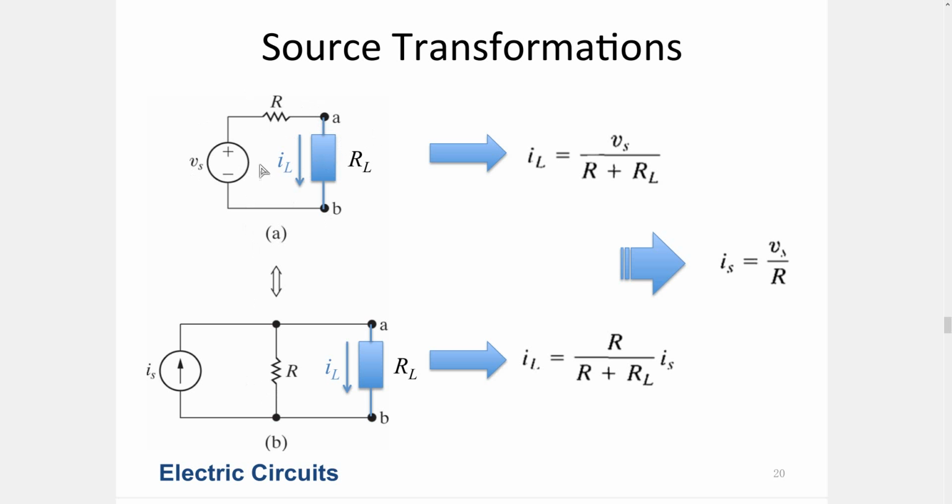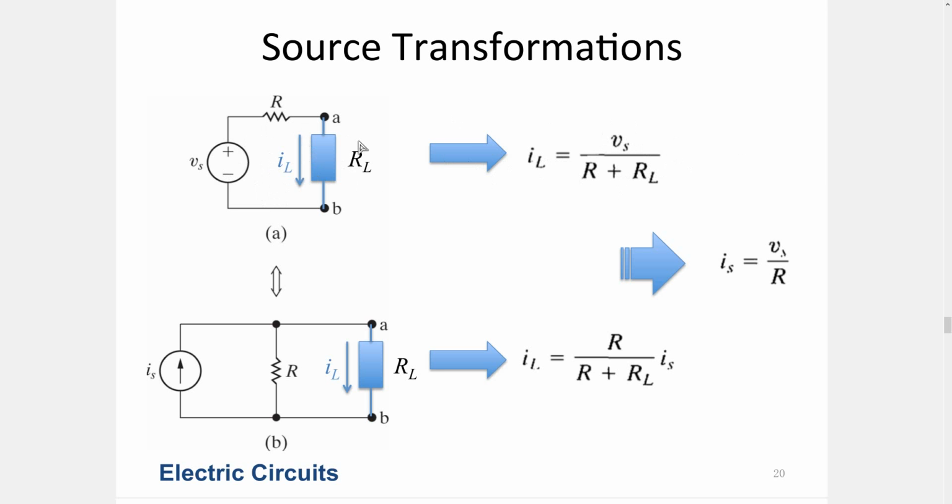From a load point of view, that is the virtual load that can be connected between terminals A and B, we can calculate a load current. If I write the load current using a single KVL around this loop, it's obvious that IL would be equal to Vs over R plus RL.